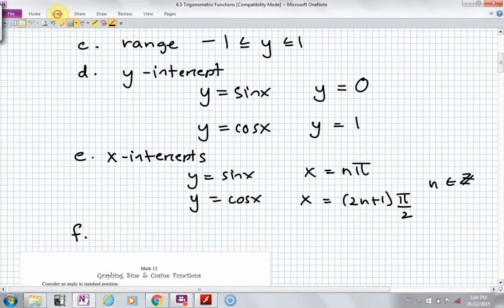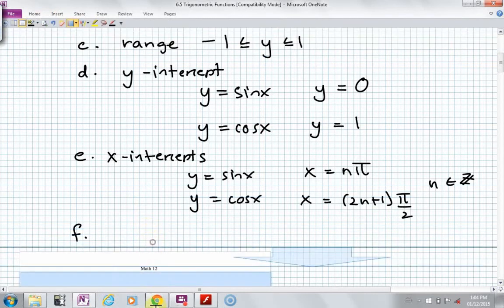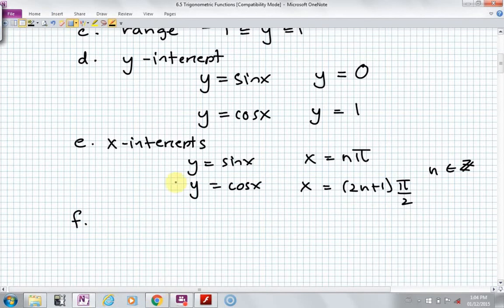Now, something else that I want to point out to you. What do we notice about the relationship between cosine x and sine x?